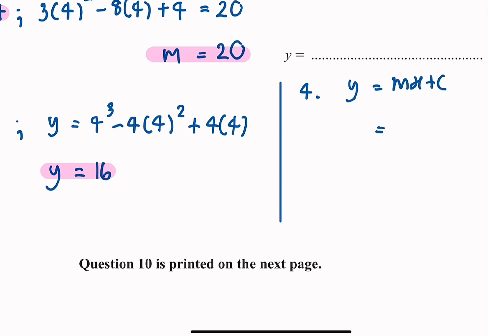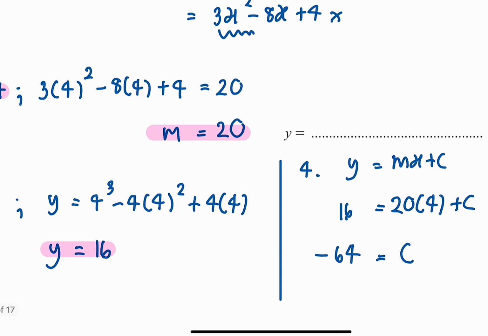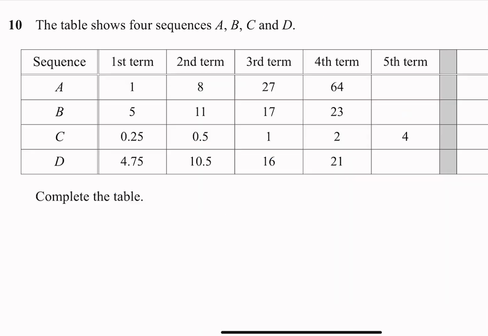And now y is equal to 16, m is equal to 20, and x is equal to 4. Therefore, c is equal to minus 64. Therefore, the equation is y equals 20x minus 64. This is your answer.